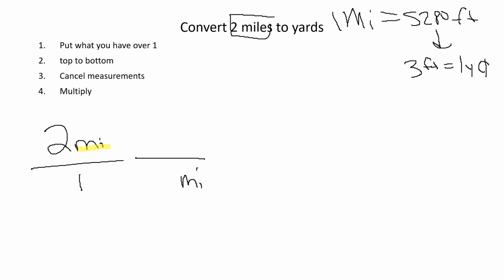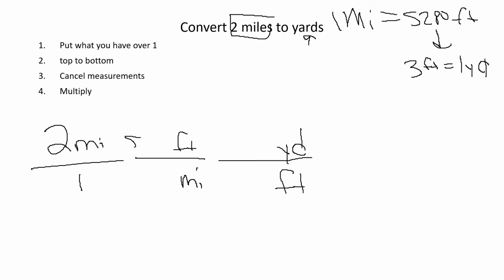Where am I going? Miles to feet. I have not got to yards yet, so I've got to keep going. Remember, top to bottom. Feet, where am I going? To yards. Now that my words are done, I am going to enter in my numbers. It's important that you do those words first so I know where my numbers go.